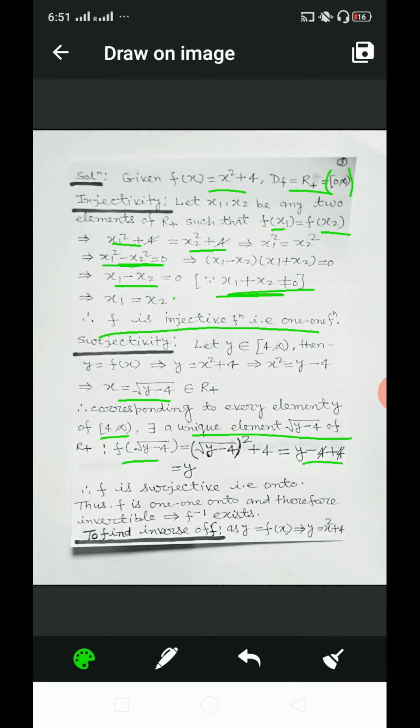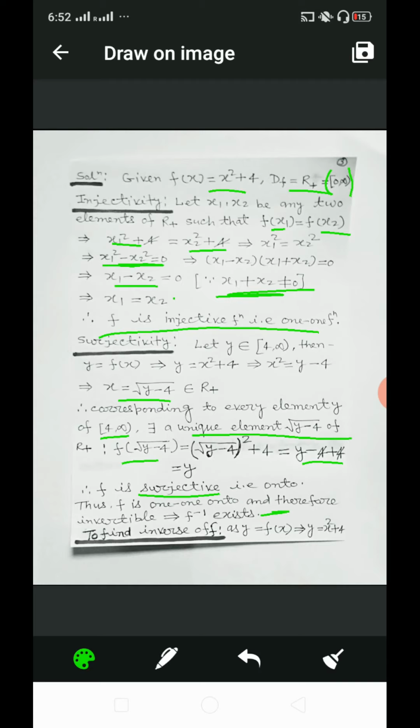So we can say that f is surjective, that is onto function. Thus f is one-one and onto, therefore it is invertible, implies that f inverse exists.